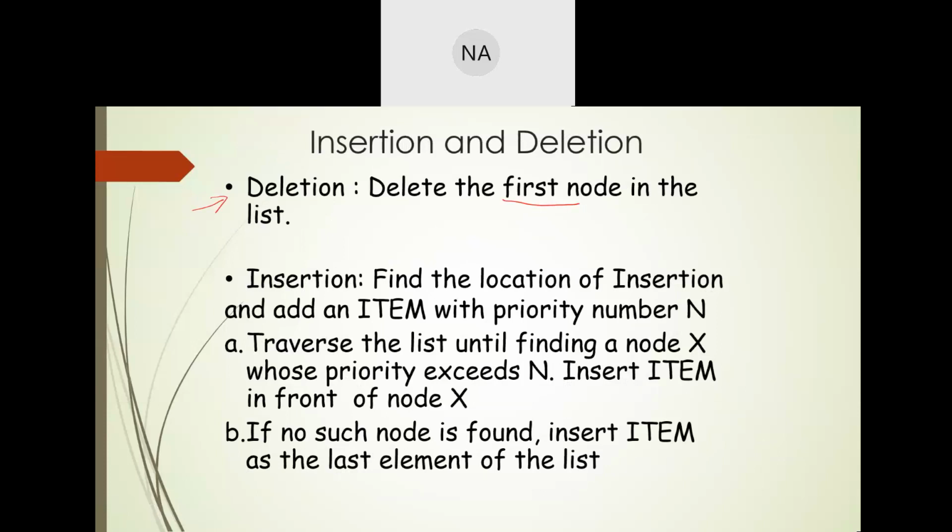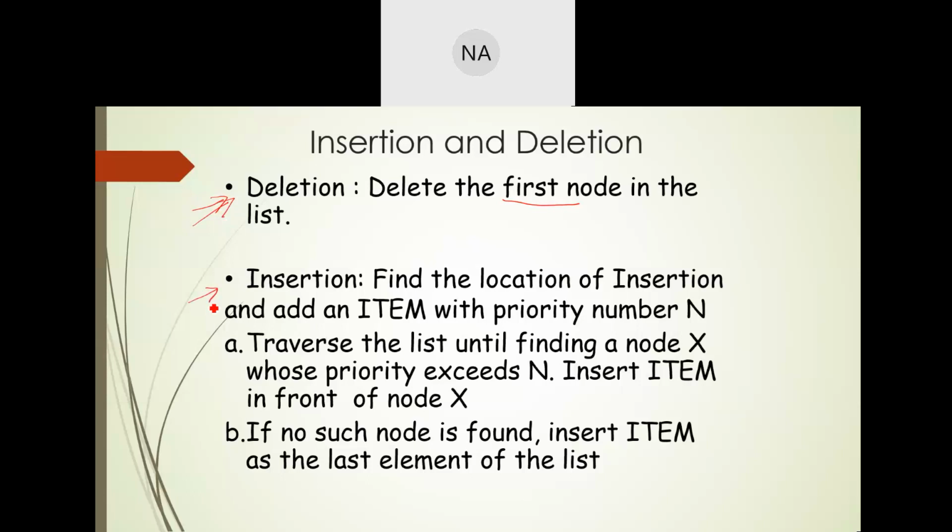If you are going to use the priority queue as the ascending priority queue, then you need only the start pointer, because you have to read the first node. But if you use it as the descending priority queue, you must delete the last element, so you can have an extra pointer which always points to the last node of the linked list. So deletion is a lot easier. You have to delete one element, either first or the last.